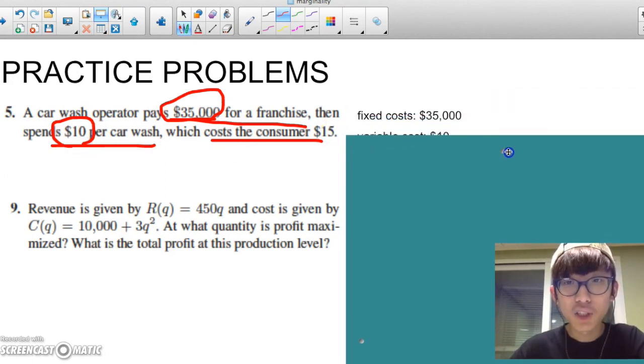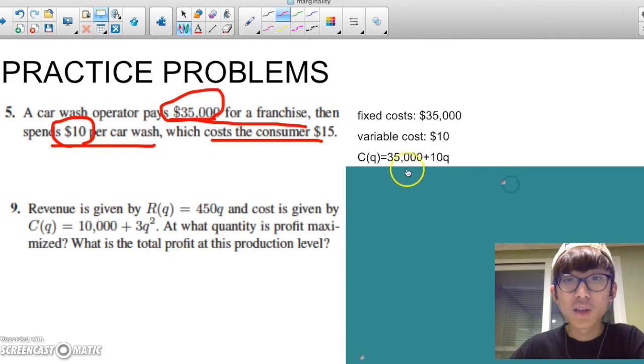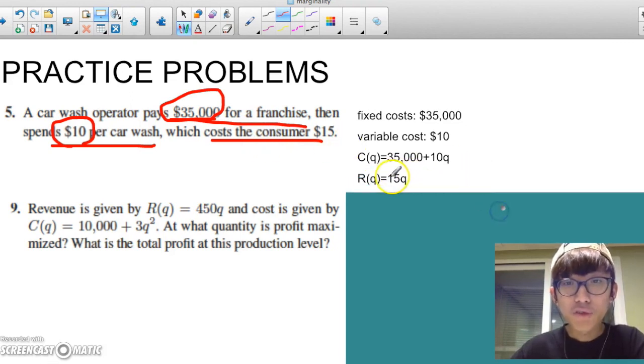So the cost function is 35,000 plus 10Q, where Q is the quantity of cars washed. And the revenue function is 15Q because, for example, if you wash 4 cars, you get $60, because 15 times 4 is 60.